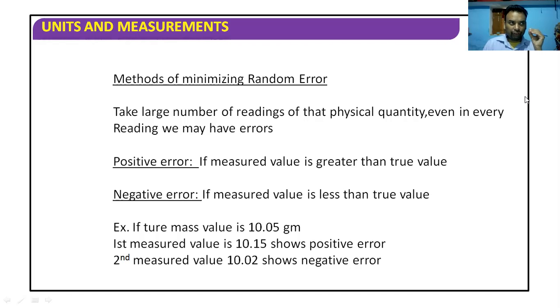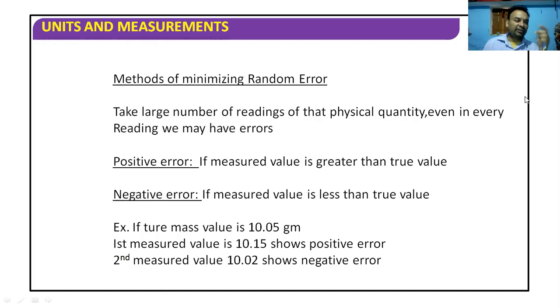If we repeat the experiment many times, and every time we get a value, suppose we did the experiment 10 times, we have 10 readings. So we have a large number of readings of that physical quantity, and in every reading we may have errors.